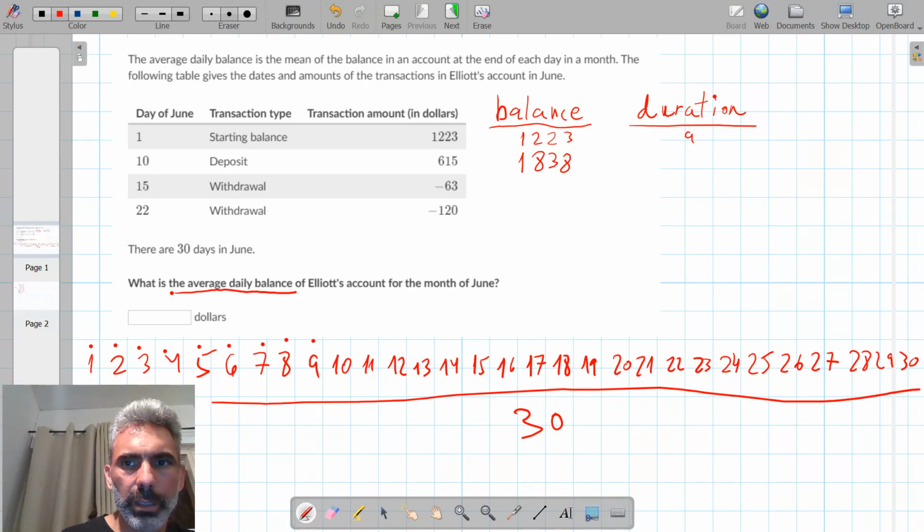And it stayed the same for 5 days, from June 10 until June 14, so 1, 2, 3, 4, 5 days, and then on June 15, it has changed because Elliot made a withdrawal of $63.